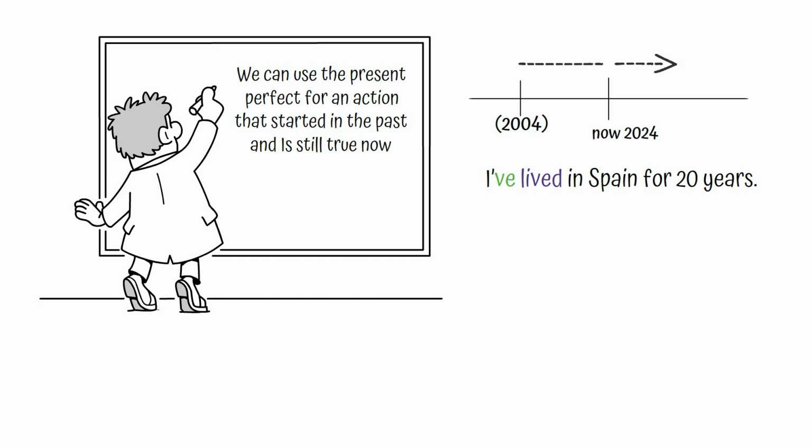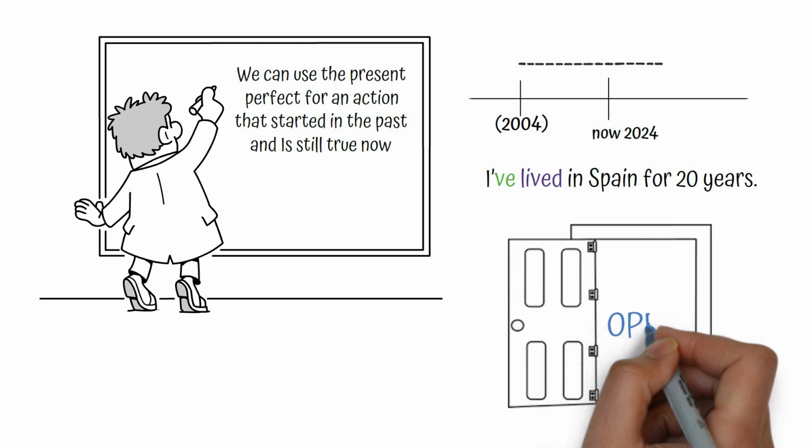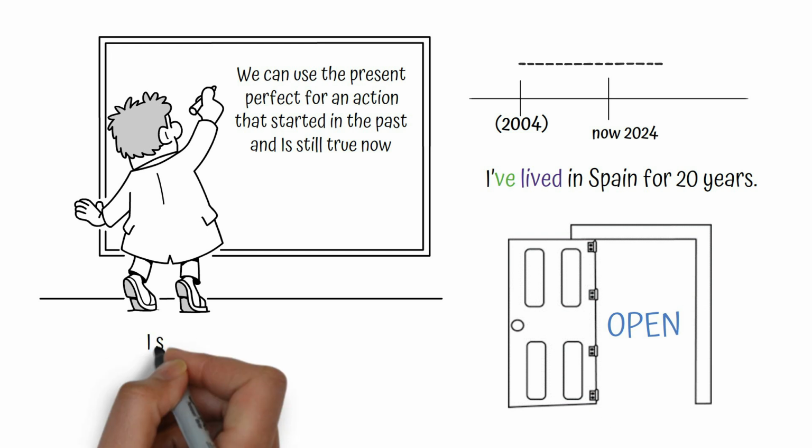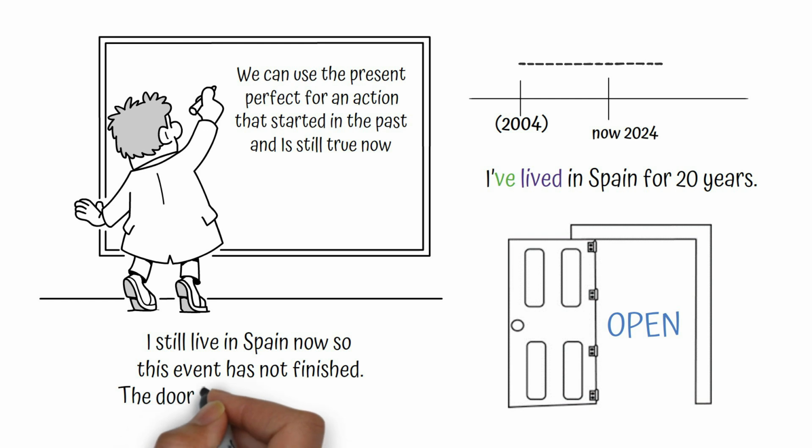So, this action started in the past and is still true now. If you think about it, this is an open event. I still live in Spain now, so this event has not finished. The door is not closed, it's open. We can use the present perfect to describe this situation.